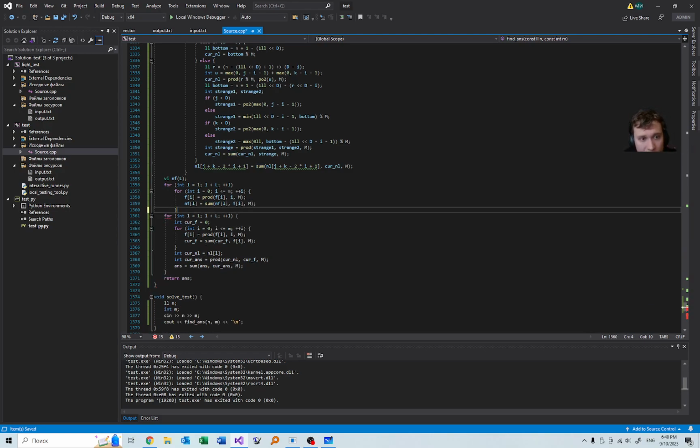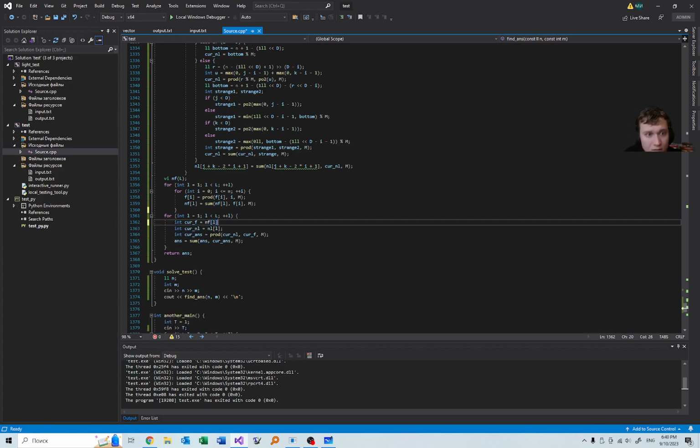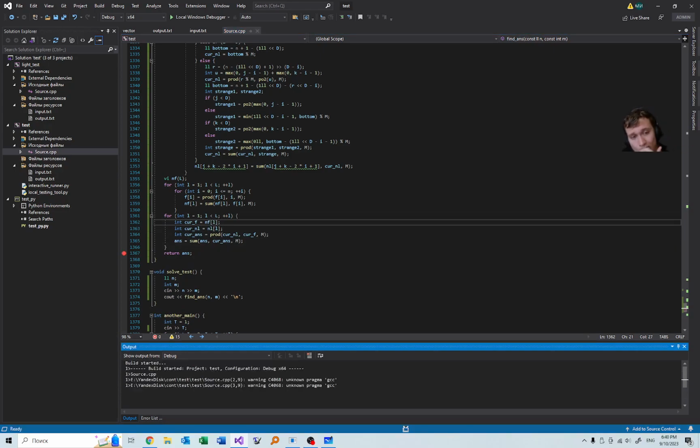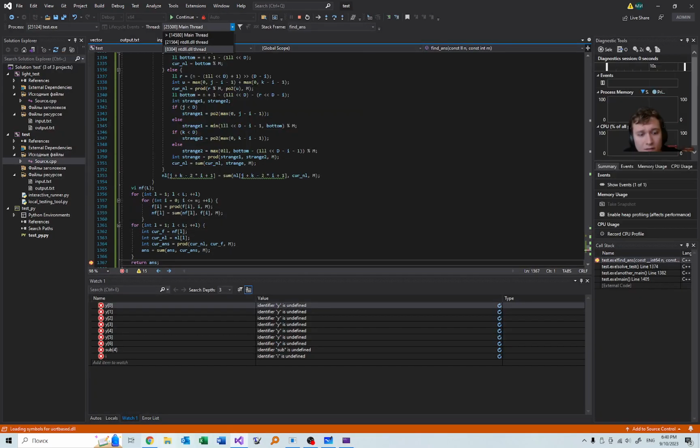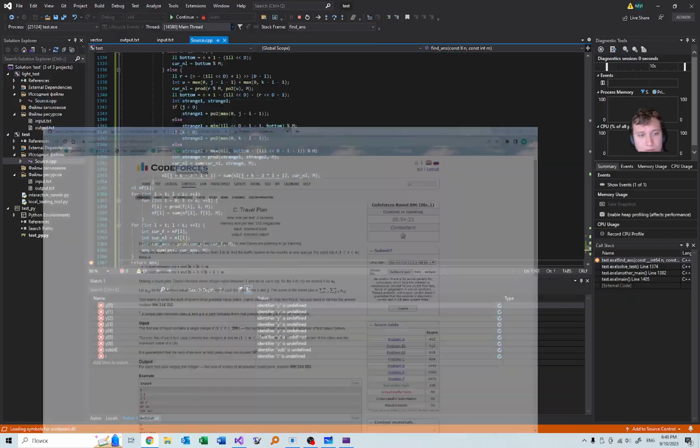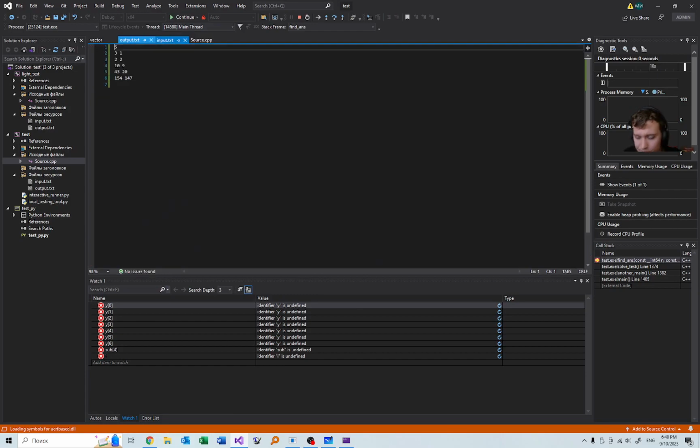And in this part, instead of doing all this stuff, I say that car F equals just NFL. Okay. And I need to find answer for 2, 2. This is more than possible.